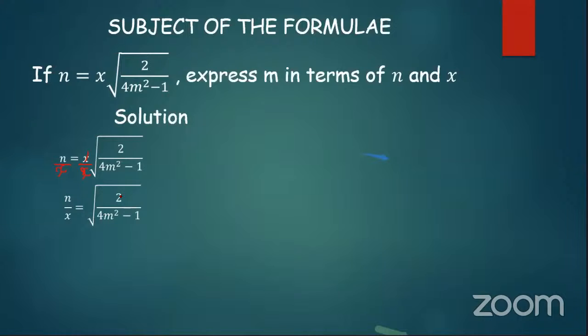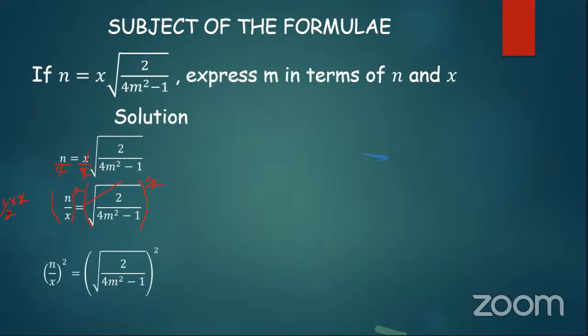Then to remove this square root sign, we square both sides. So after that, this square is going to cancel with the root because the root is the same as 2 to power half. So the 2 will cancel out with the 2, which was also a correct suggestion by the members.